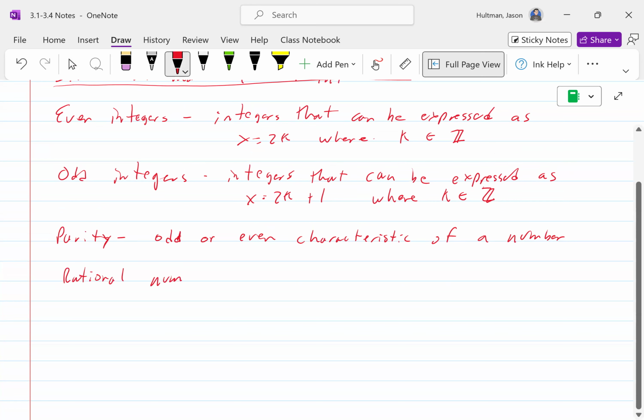Rational numbers, or sorry, not functions, fractions.